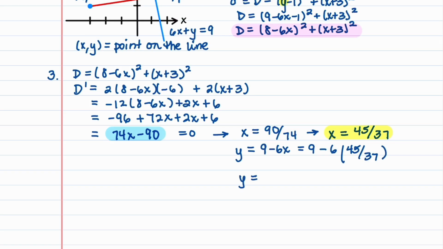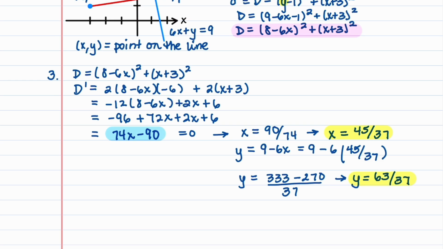We're going to multiply 9 by 37, and that is going to be 333. And then we subtract off 6 times 45, which is 270. And all of this gets divided by 37. So this gives us that y is equal to 63 over 37.